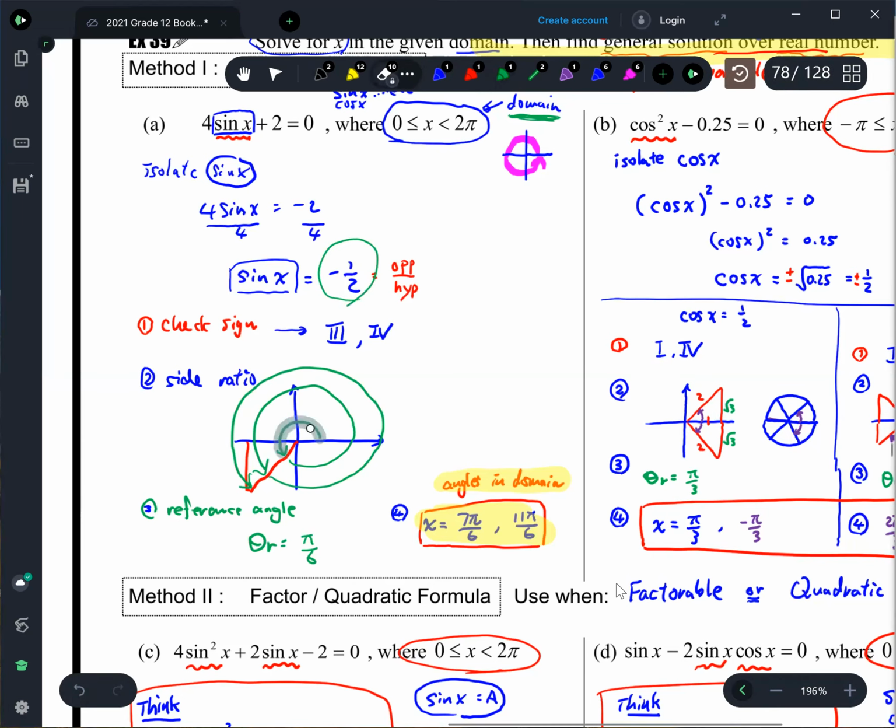So the general solution, if it's in quadrant 3, we'll write it down here.